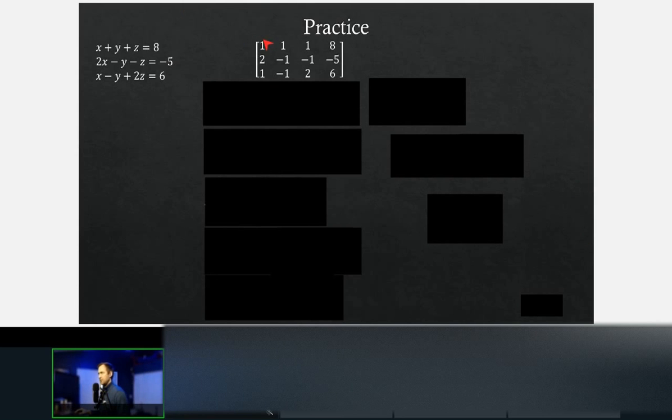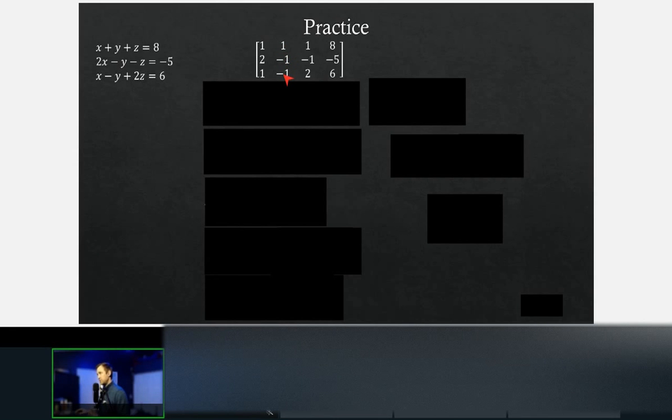All right, so our goal when doing these, we want to make the top left a 1. So after we make that a 1, we want to make everything below it a 0. Once we achieve that, ideally, we want to make this a 1 next, and then make everything above and below it a 0.